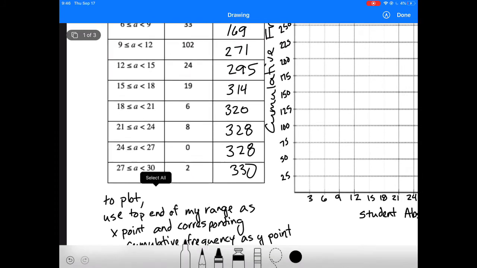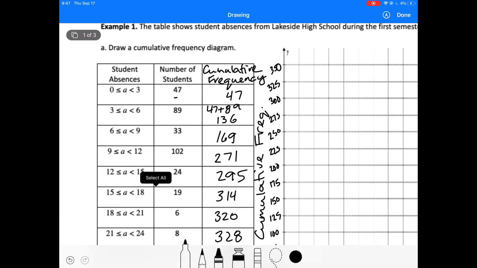I'm just going to fill in what I'm plotting over here on the left. For my first point, first row, the point that I would plot on the graph would be 3, 47. The next point that I'm going to plot would be 6, 136, 9, 169, and then so on all the way down.